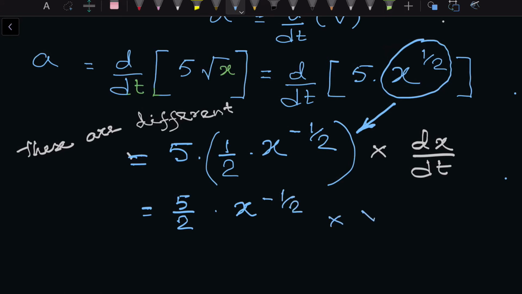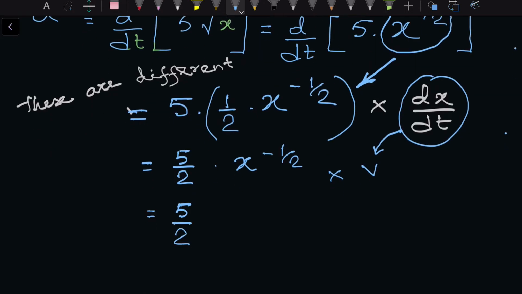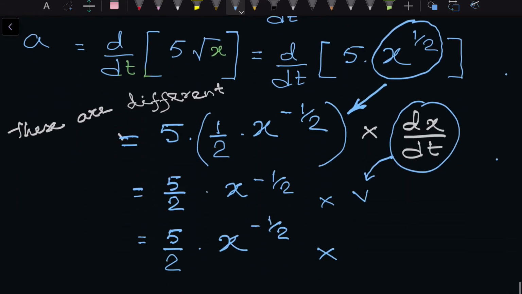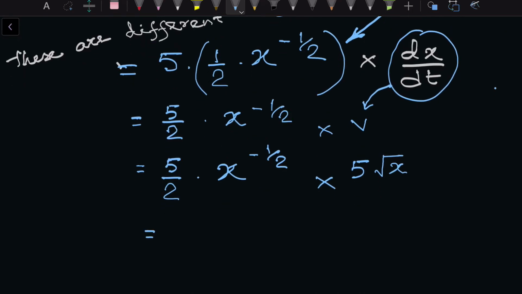So let us go through this differentiation, and this dx by dt becomes v. So 5 by 2 x to the power minus half into v. v means this was given 5 root x. Now root x means x to the power half. So 5 into 5, 25 by 2 into x to the power 0, half minus half.